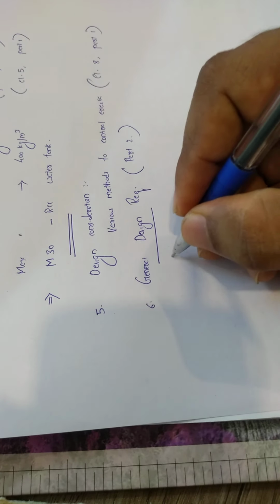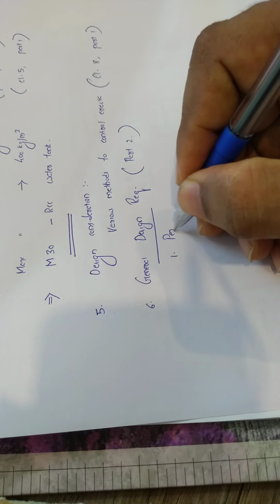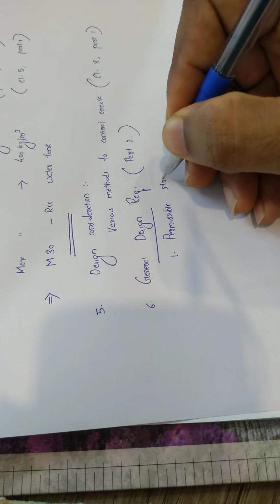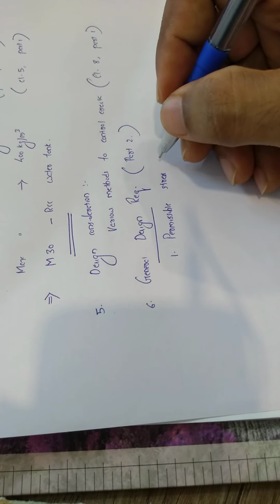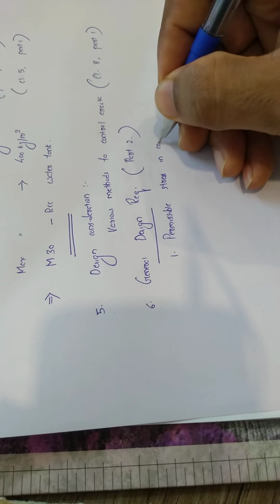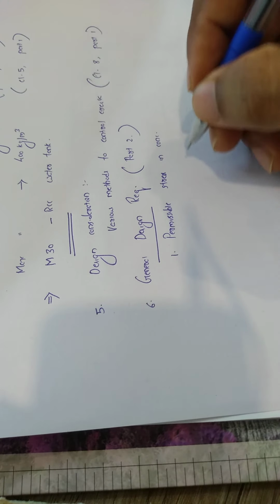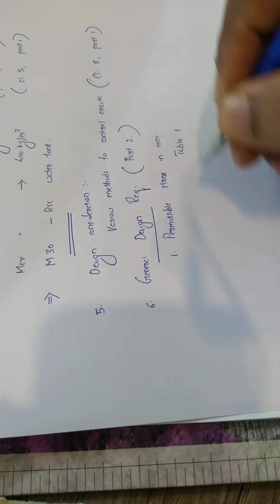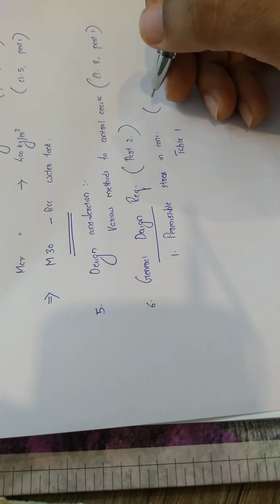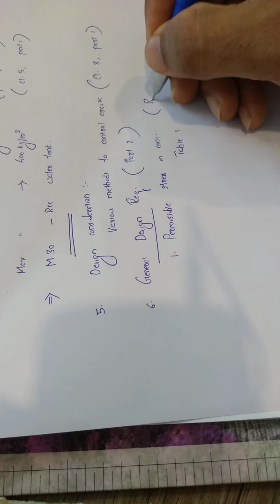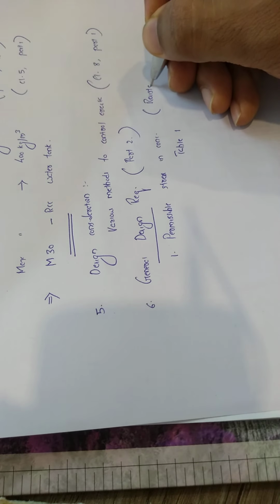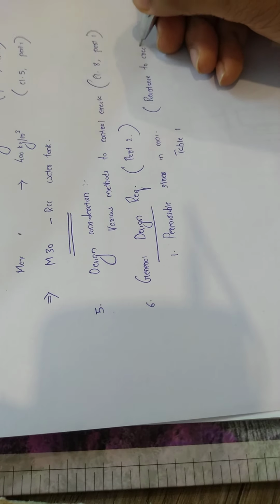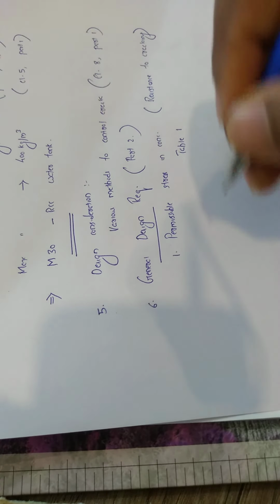The first one is the permissible stress in concrete, given in table 1 for the resistance to cracking case. It is not for strength calculation, it is for resistance to cracking.